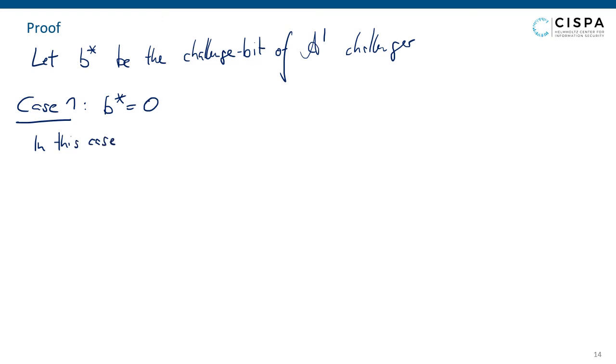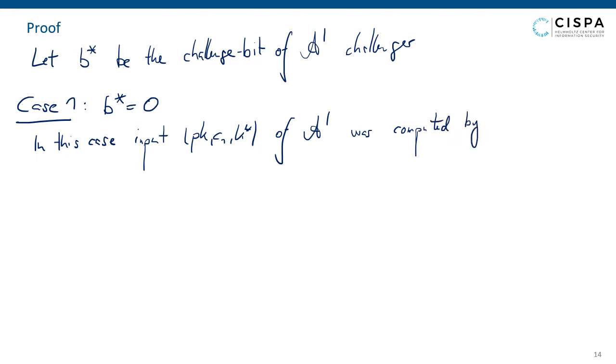we have that the input pk, c1, k asterisk of A prime was computed by, well, pk is of course the output of a run of the keygen algorithm, but c1 and k asterisk are the result of just computing the encapsulation algorithm on pk.